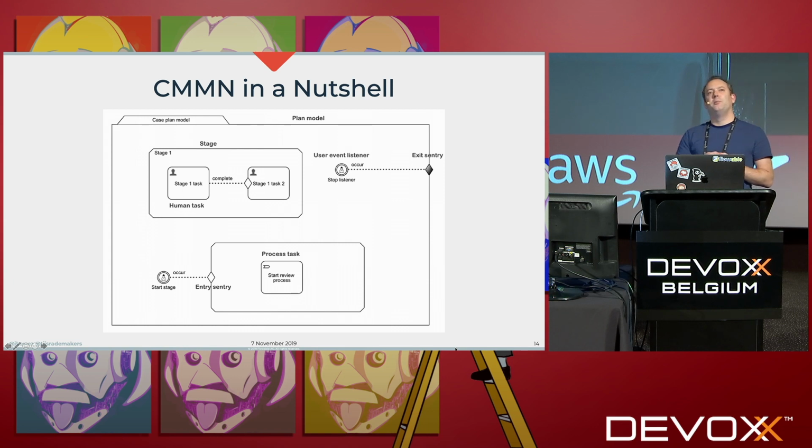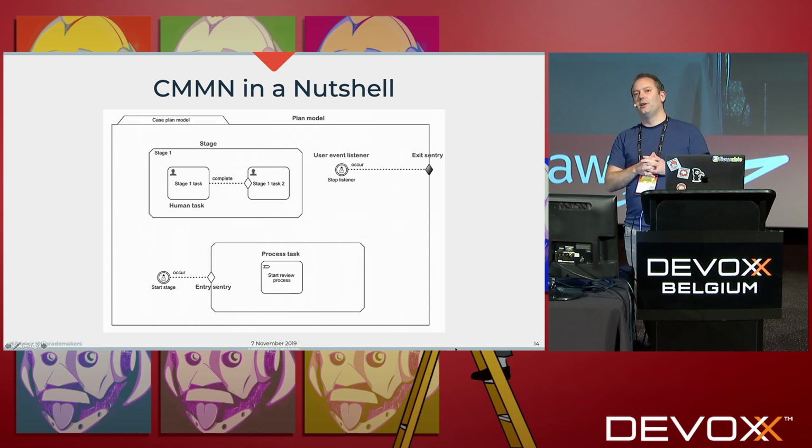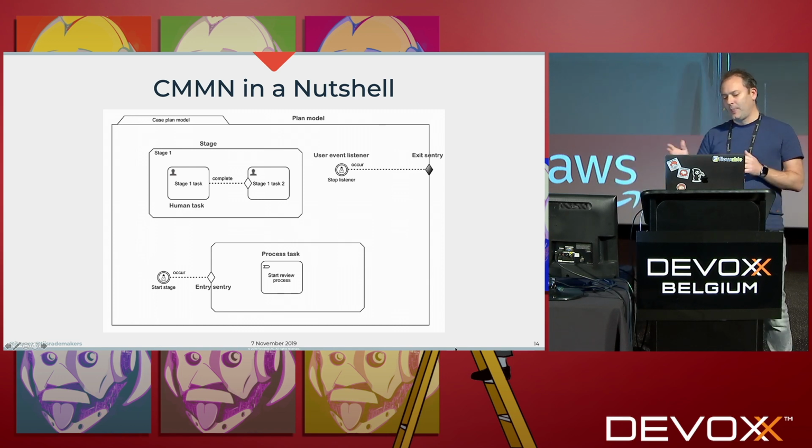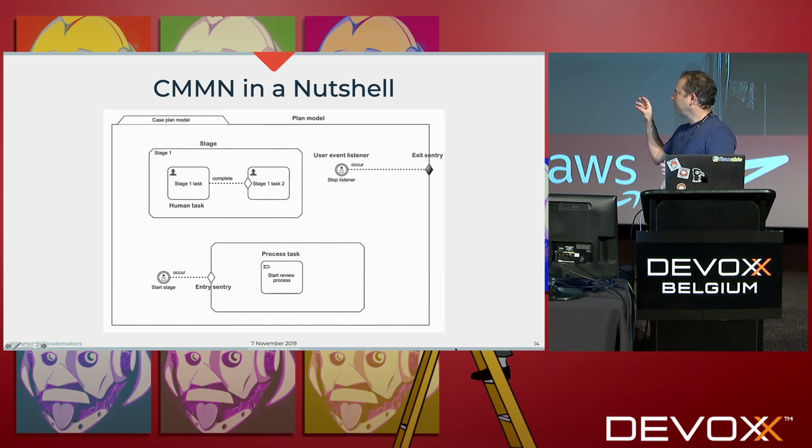CMMN is maybe a bit less known. It works in a bit of different way. So you don't see sequence flows that show the flow of a process or case in a first view, but you have the concepts of sentries.